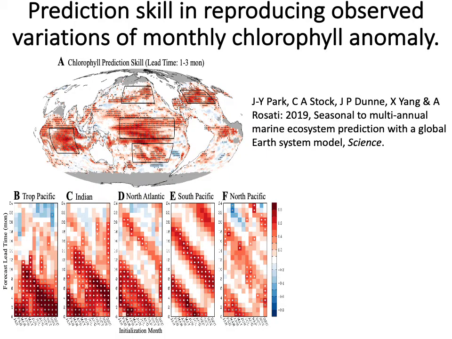A subsequent study implementing this model in a retrospective forecast mode was able to demonstrate large areas of the ocean where we found seasonal to interannual forecast skill with respect to satellite chlorophyll.